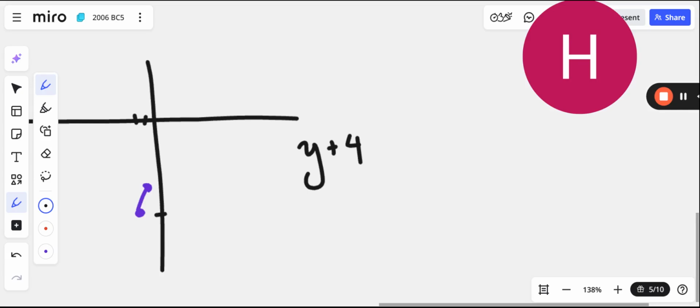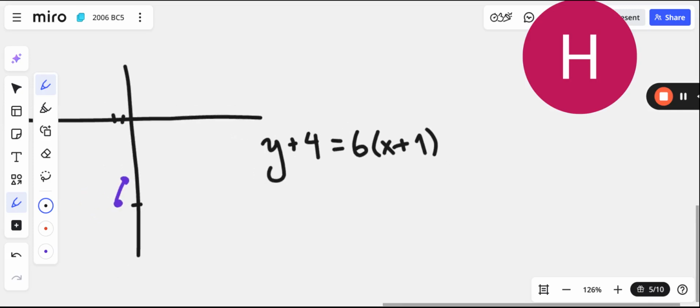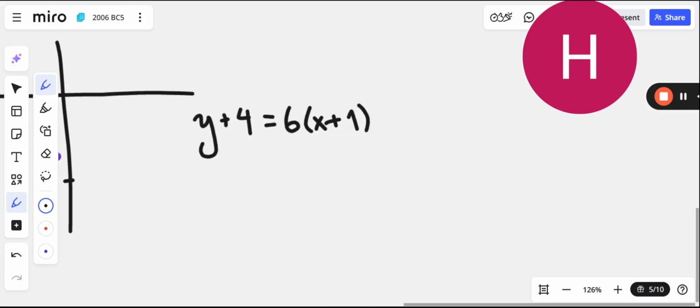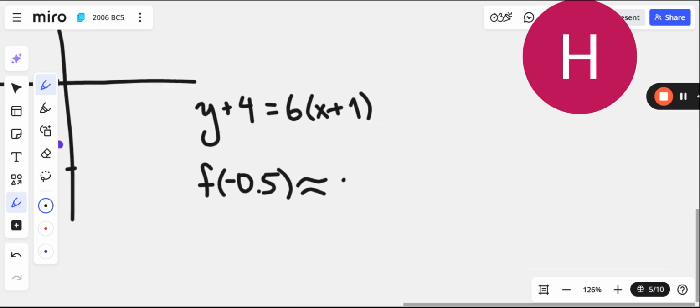That's going to look like this. y plus 4 equals the slope at -1, which was 6, times x minus -1, or x plus 1. Now what we're going to do is estimate f of -0.5. And we're going to do that by going forward and using this tangent line.